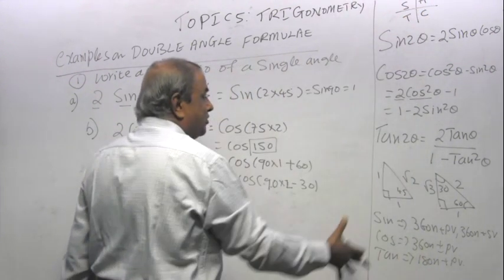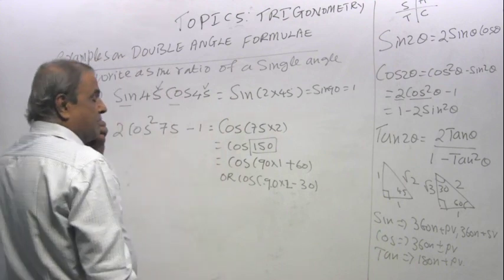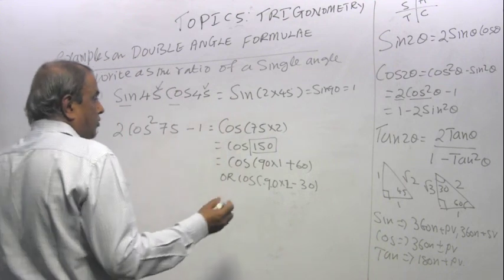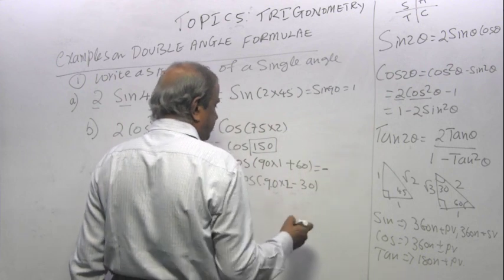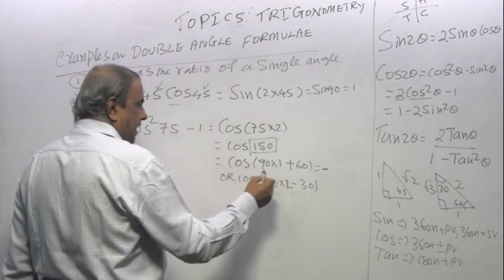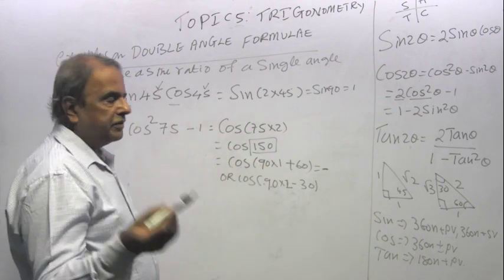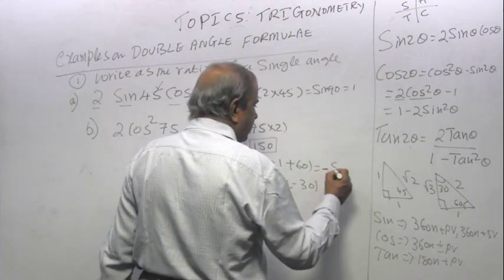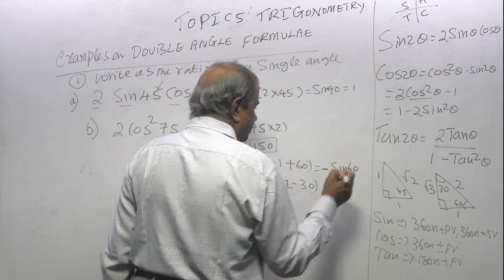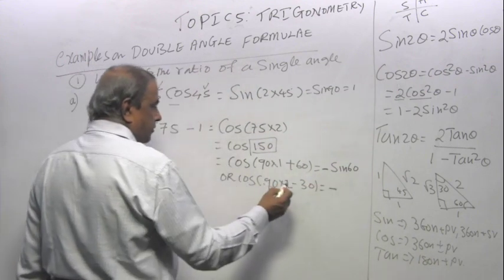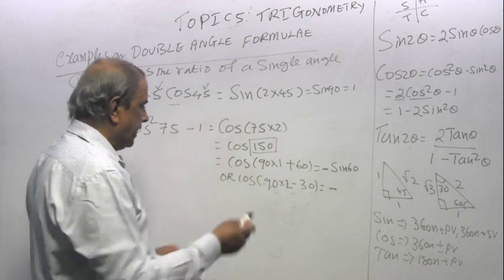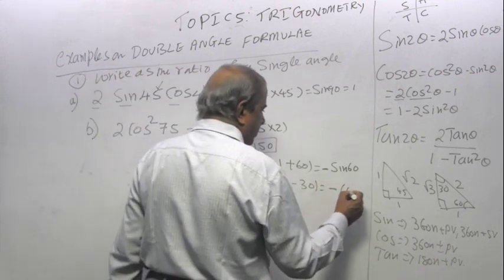Well, I keep on adding. I think I'll leave this formula for a while, for the next few lessons. 150 is in the second quadrant, so it is negative. 90 times 1 is an odd multiple of 90, so cos becomes sin 60. Here, this is still negative. 90 times 2 is an even multiple of 90, so cos remains cos.